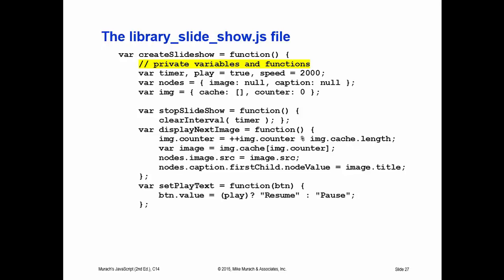First, instead of an object literal, this code starts with a function called createSlideshow, as you can see at the top. The function creates a timer variable, a Boolean play variable, a numeric speed variable, a nodes variable, which is an object literal, and an image variable, which is an object literal. So rather than having one big object literal, it creates a bunch of variables, two of which are object literals.